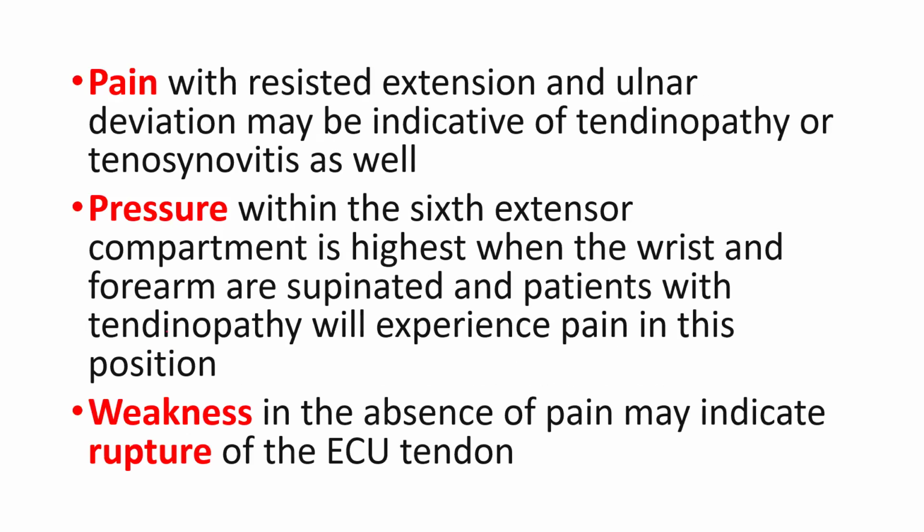Pain with resisted extension and ulnar deviation may be indicative of tendinopathy or tenosynovitis as well. Pressure within the 6th extensor compartment is highest when the wrist and forearm are supinated, and patients with tendinopathy will experience pain in this position. Weakness in the absence of pain may indicate a rupture of the extensor carpi ulnaris tendon.